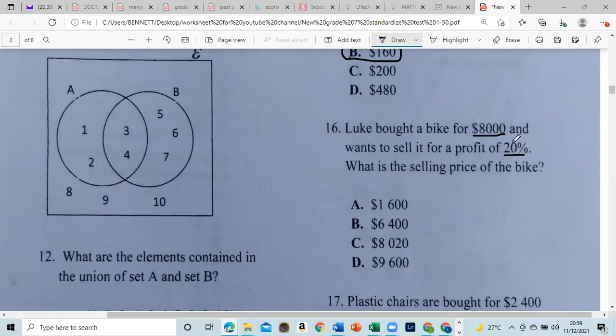All we have to do is say 20% of a number is the number divided by 5, because 100 divided by 20 is equal to 5. Some of you didn't know that. Let me say that again: 20% is the same thing as dividing by 5. Just as 50% is dividing by 2, 20% is dividing by 5. So all we have to do is divide this by 5 and we get 20% of the number, and we add it to this.